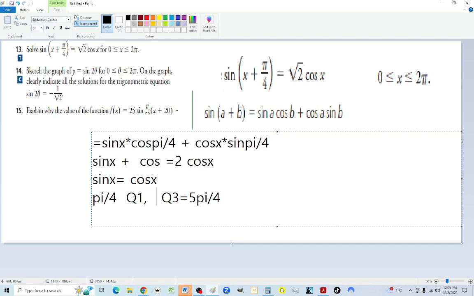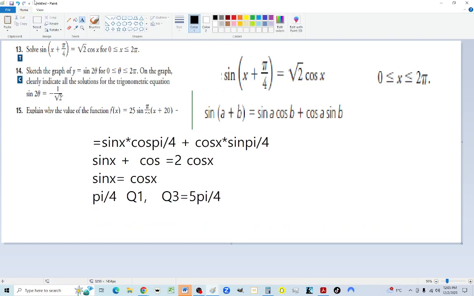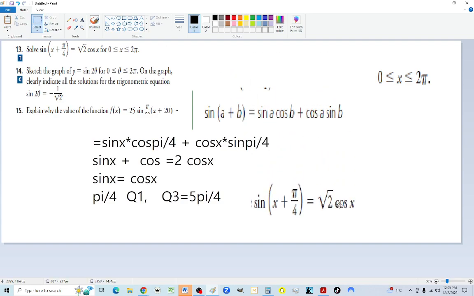So that's the only two possible answers that exist for that. And if you want to test it out, to make sure this is true, you're going to say, okay, it's when it's pi over 4 plus pi over 4 times 2 times the square root of 2. So I'm going to put the pi over 4 here and here and see if it's true.